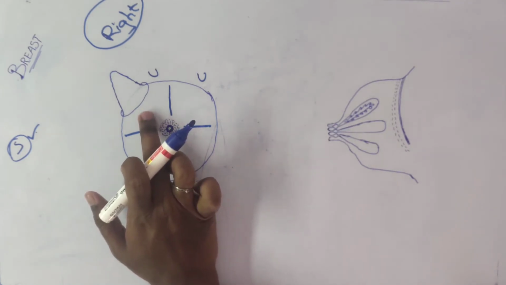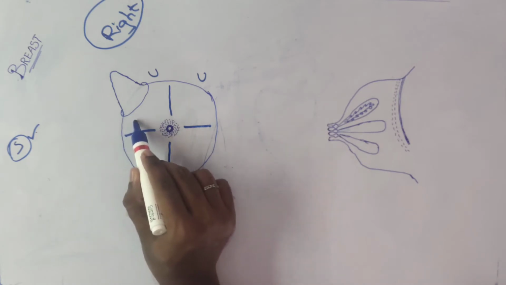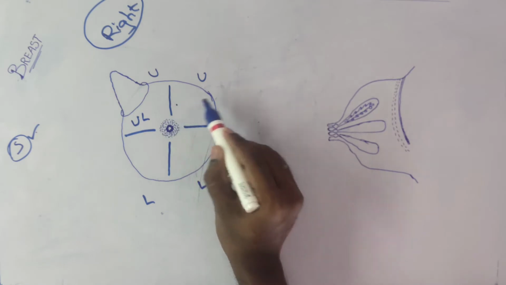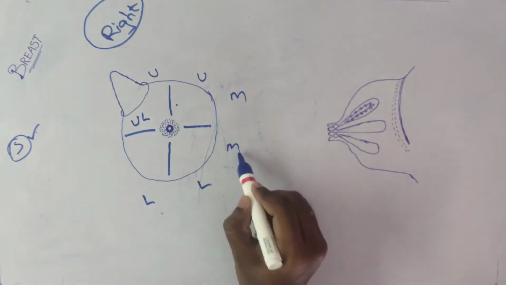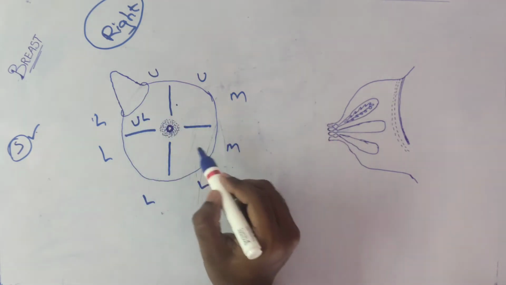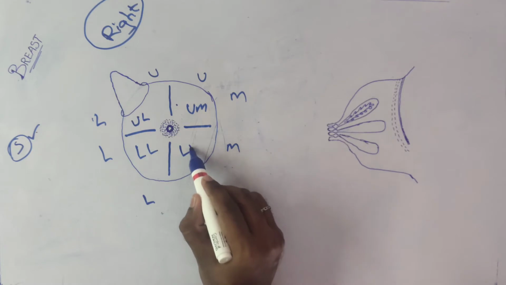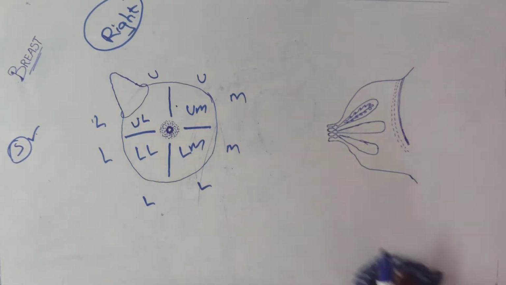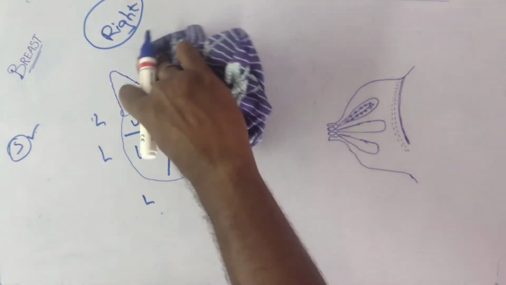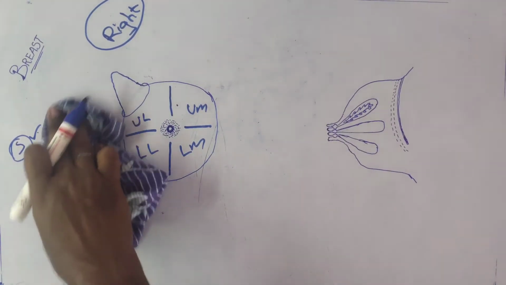It is placed upside as well as in the lateral side, so we call it upper lateral. This one is upside as well as in the medial side. This is the medial side, this is the lateral side. So upper lateral, upper medial, lower lateral, lower medial. These are the quadrants of the breast. We divide the breast into 4 quadrants.